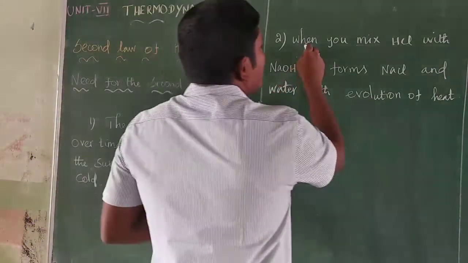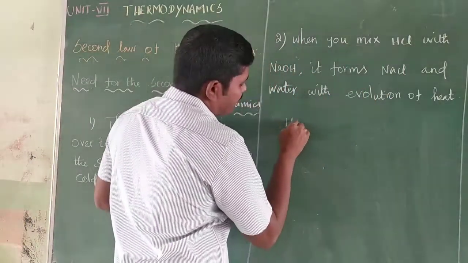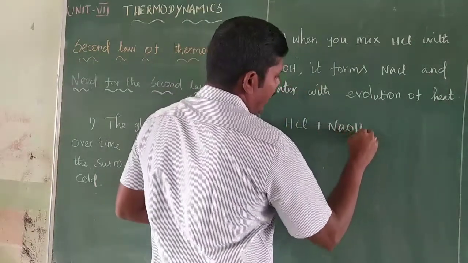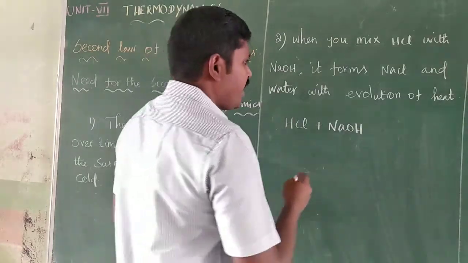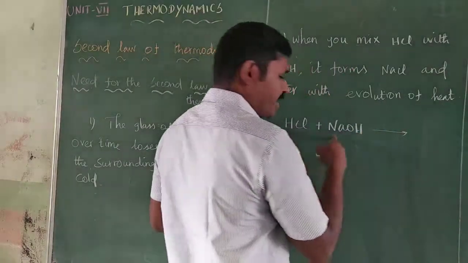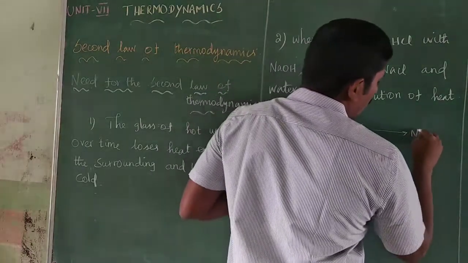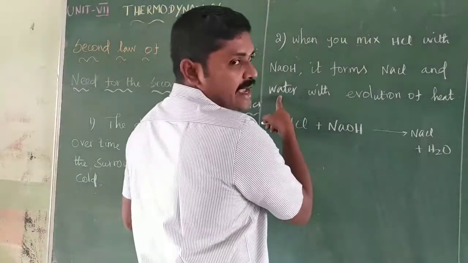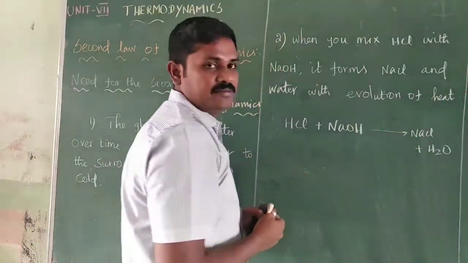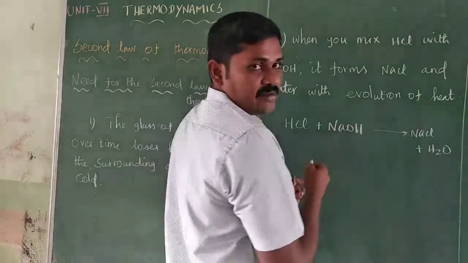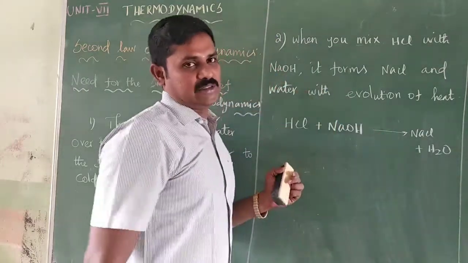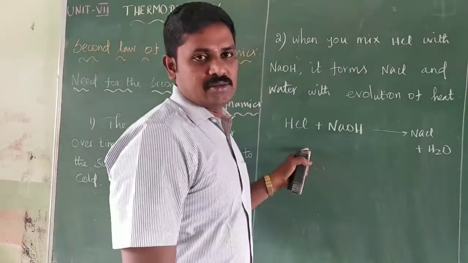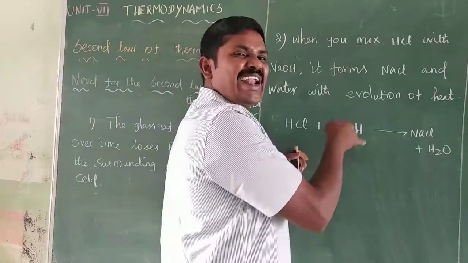The second one, when you mix hydrochloric acid and sodium hydroxide, it forms sodium chloride and water with the evolution of heat. This is a neutralization reaction. The heat energy is released, so the neutralization process is an exothermic process.